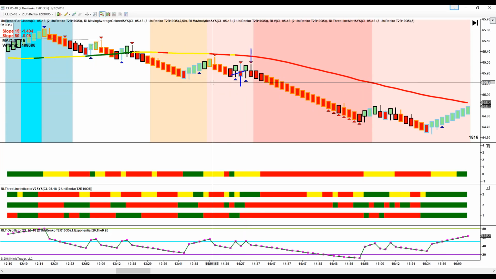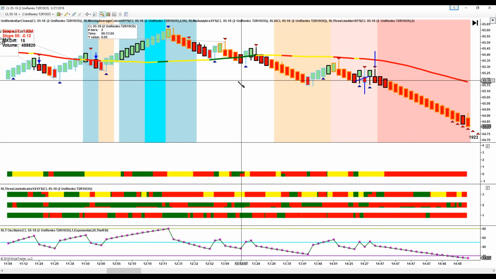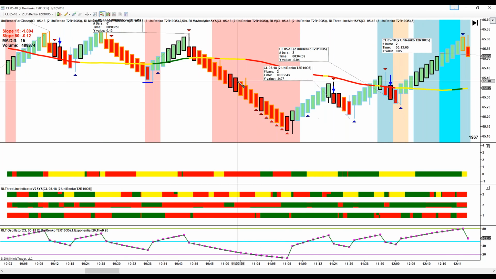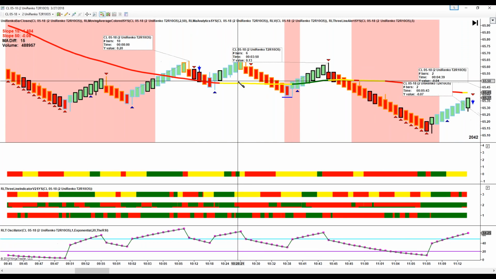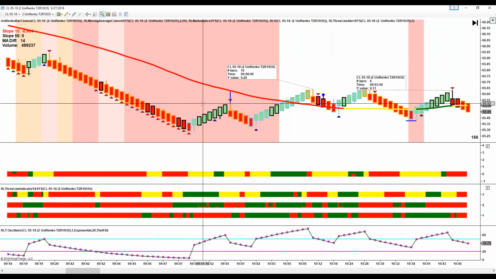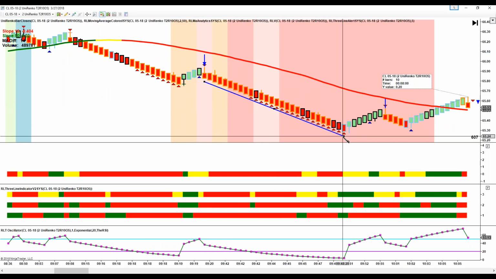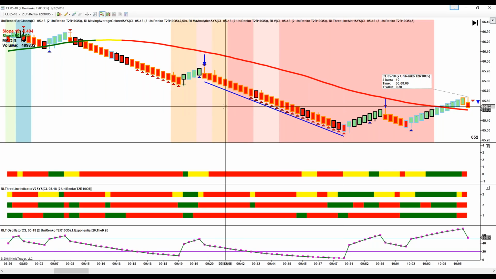Kaboom, no trade. There's your continuation trade. I'm telling you. Just unbelievable trades.